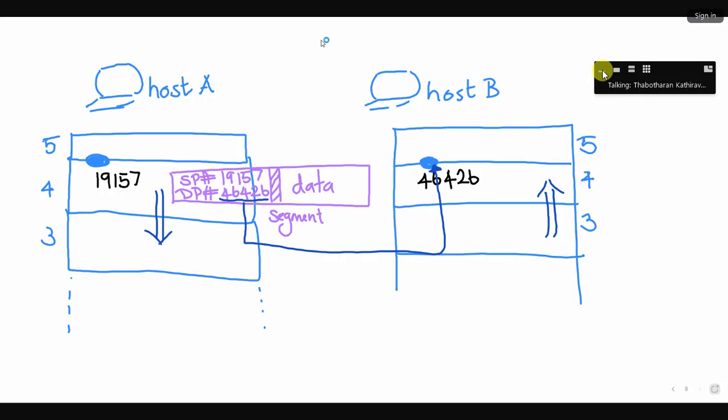And in this case, we have just assumed exactly one process. But there may be other processes with different numbers.